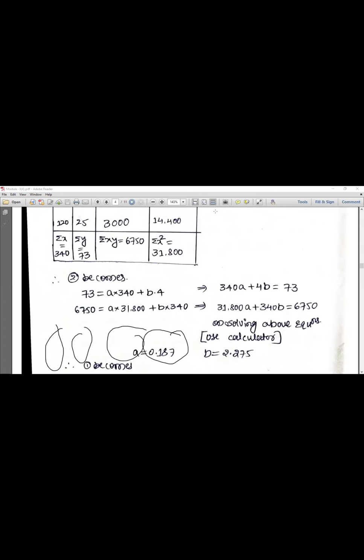So whatever is there, summation of x, summation of y, summation of xy, summation of x square, everything I'll substitute in equation 2. So equation 2 becomes, see here, first summation of y, that is 73.